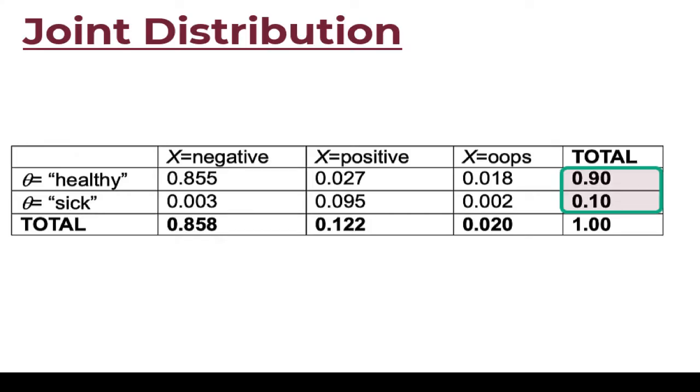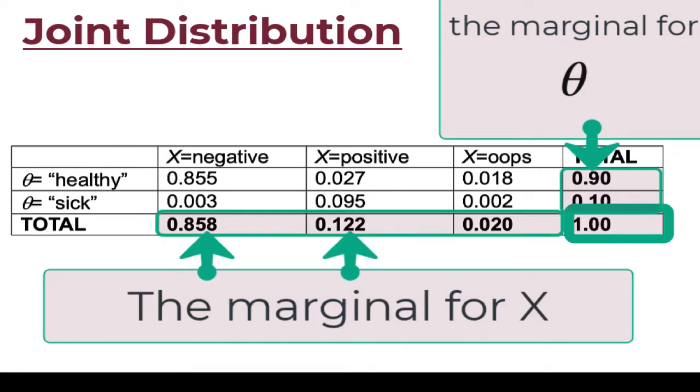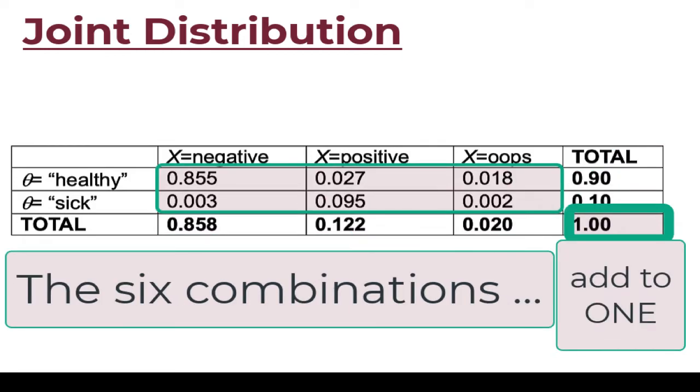Now when you add across, instead of 1 and 1, you get 0.9 and 0.1. Along the right margin. Aha! Then add down 0.9 and 0.1, you get 1. Or you can add the columns to get the bottom margin, then add the column totals, you get 1.